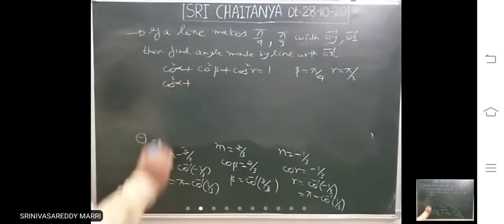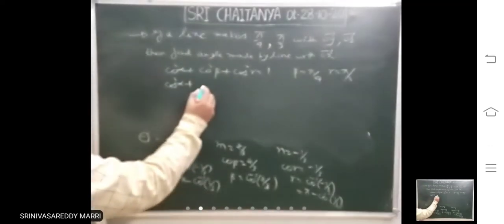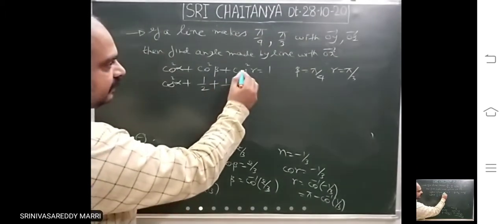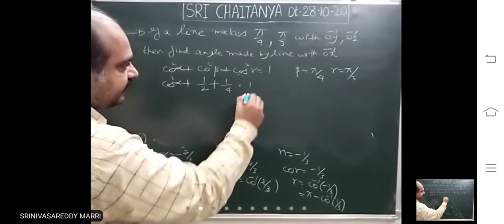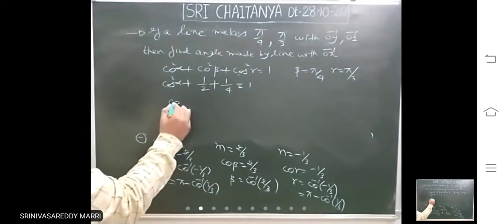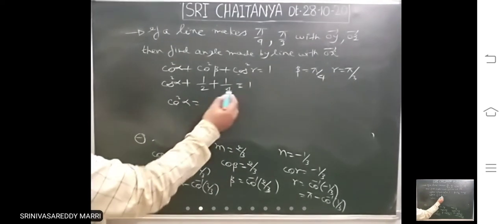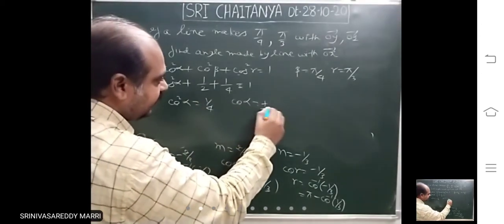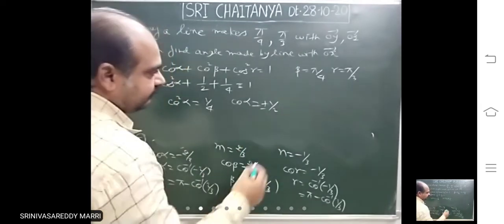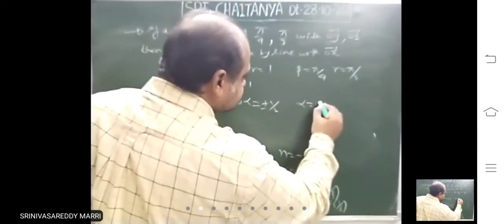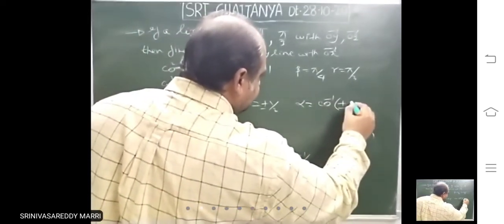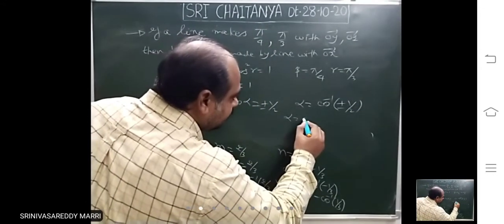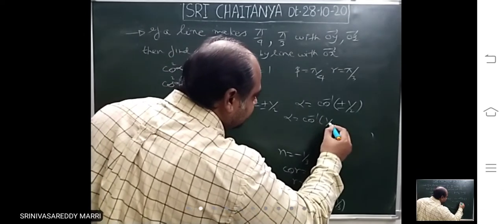Cos square alpha plus cos square beta plus cos square gamma: cos square pi by 4 means 1 by root 2 whole square, plus 1 by 2 whole square. So cos square alpha is 1 minus 3 by 4. Cos alpha you write plus or minus, so alpha is cos inverse plus or minus 1 by 2. Two angles you will get.